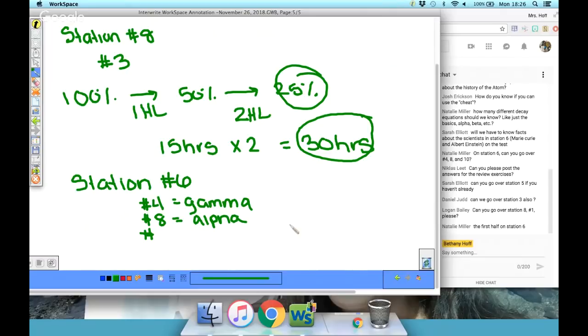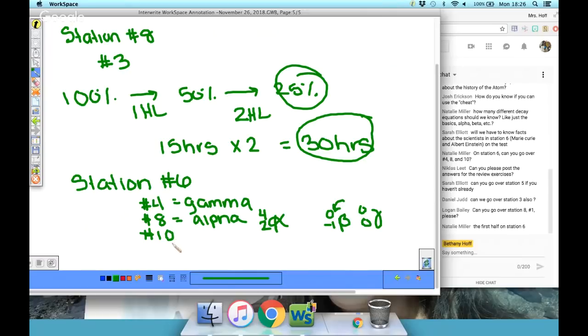And don't forget that alpha is a helium particle. It has an atomic mass of 4, 2. If we look at beta, notice that it actually has pretty much no mass. It's just an electron, which is really low. And then gamma, of course, has no mass. It's made of nothing, just pure energy.